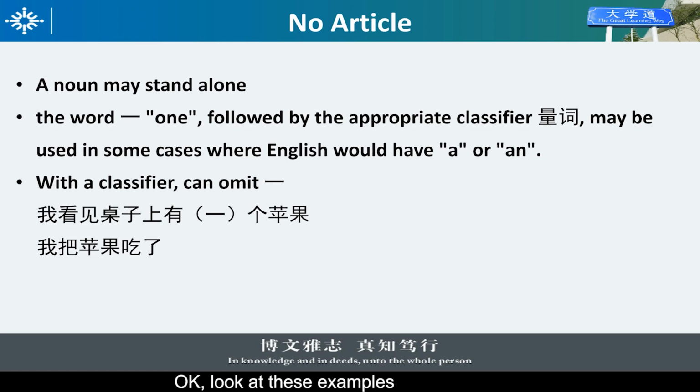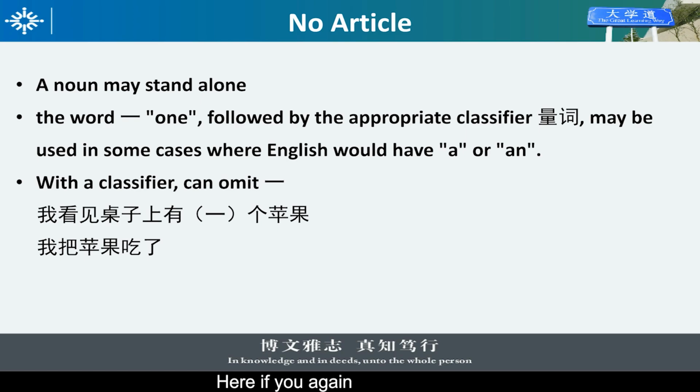Okay, look at this example. 我看见桌子上有一个苹果，有一个苹果 here. 一 is a numeral and 个 is a classifier, right? But numeral 一 here can be omitted sometimes. 我看见桌子上有个苹果 okay, acceptable. 有个苹果 okay, 我把苹果吃了 here.